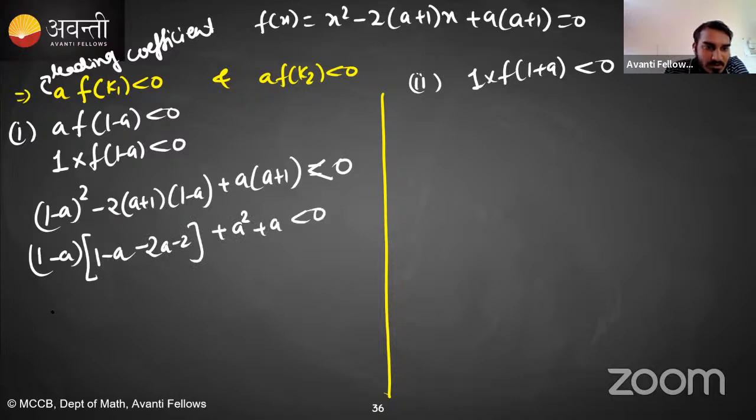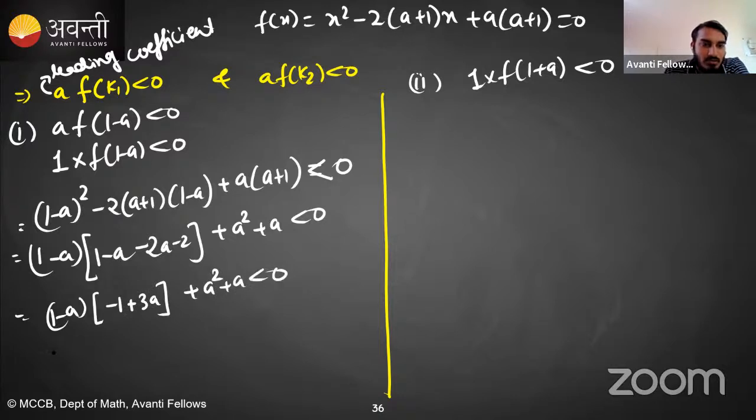So this is nothing but (1 minus a) into (minus 1 plus 3a plus a square plus a) less than 0. So take the minus common, so this can be written as (a minus 1) and take the minus inside the bracket.